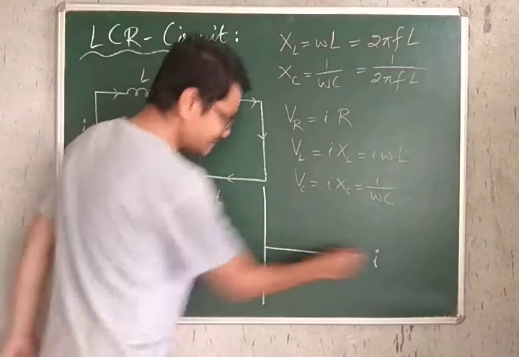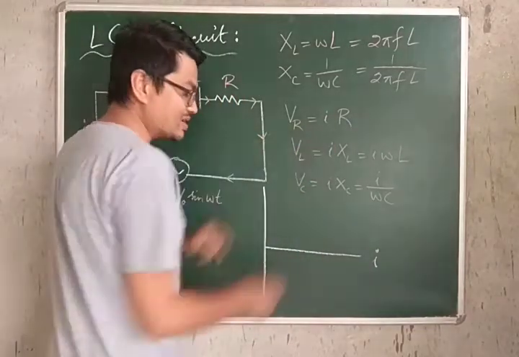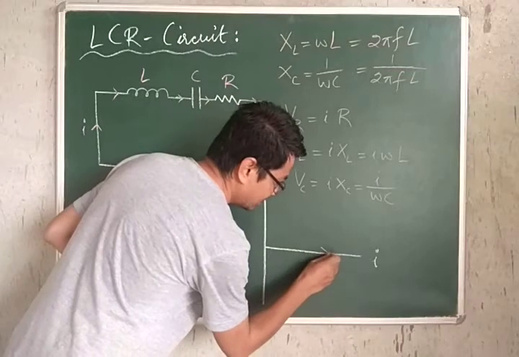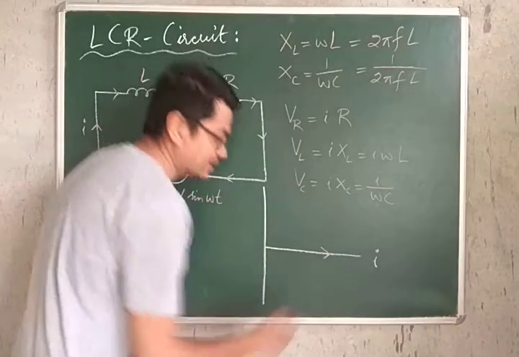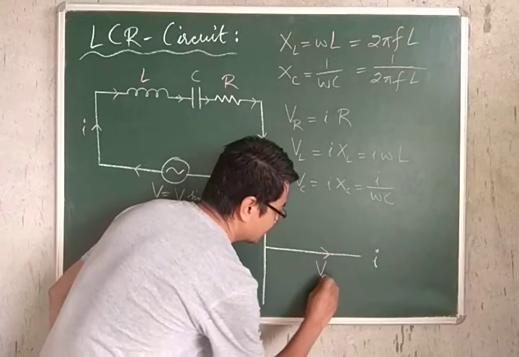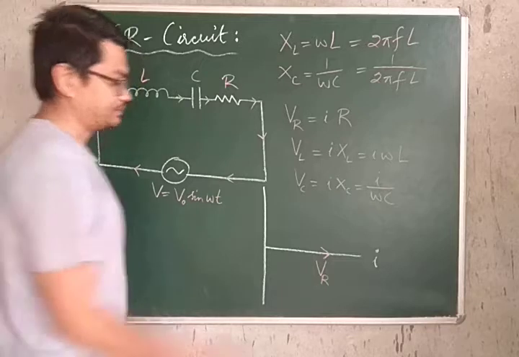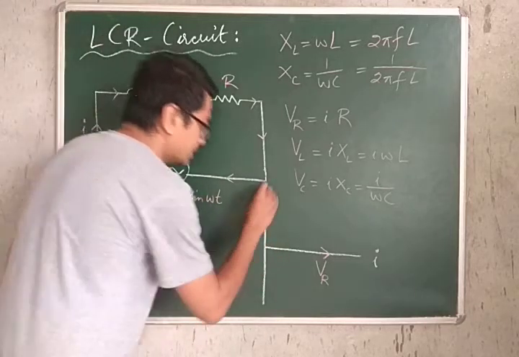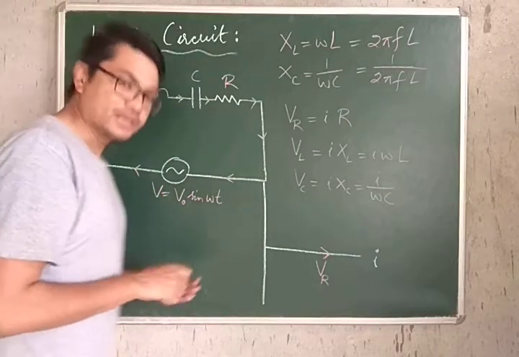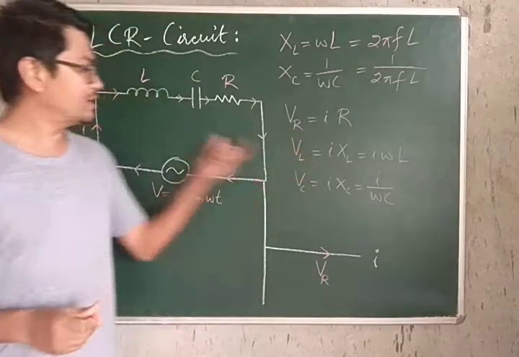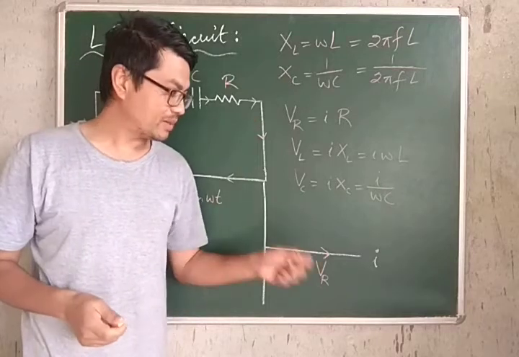So the potential difference across the resistance, VR, will be in the same direction as the current. In a purely inductive circuit, the potential difference VL across the inductor leads the current by a phase angle of pi by 2.